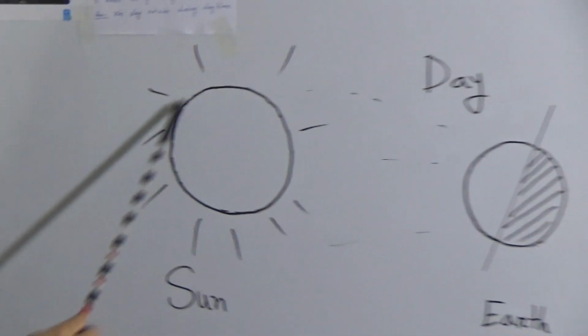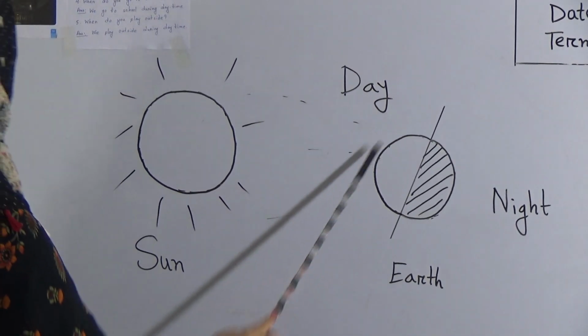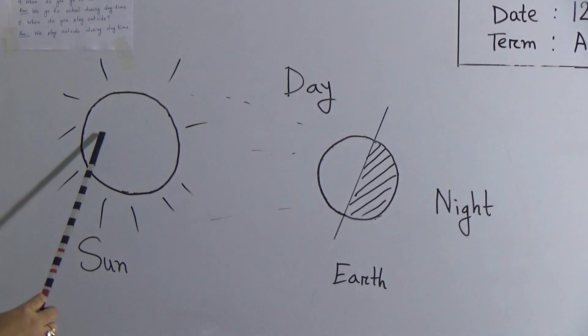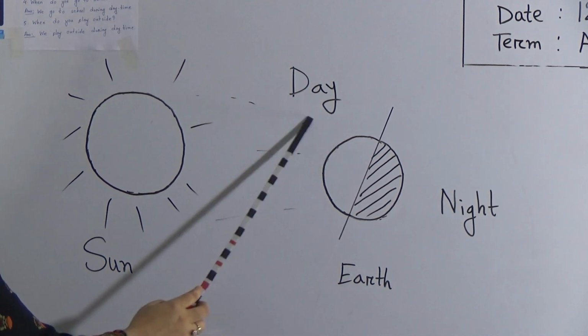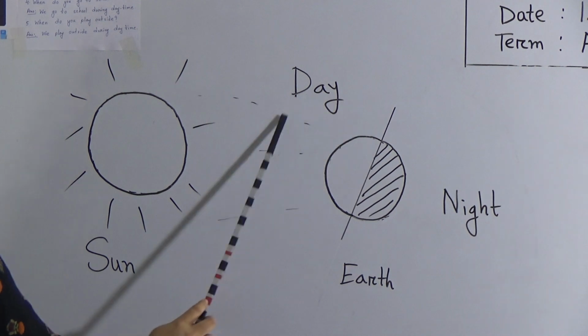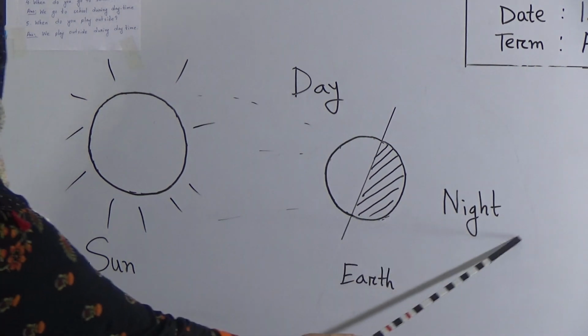And now look at this picture. Here, this one is the sun and this one is our Earth. And look at here, when sunshine falls on this side of the Earth, it will be daytime. But here is the other part.